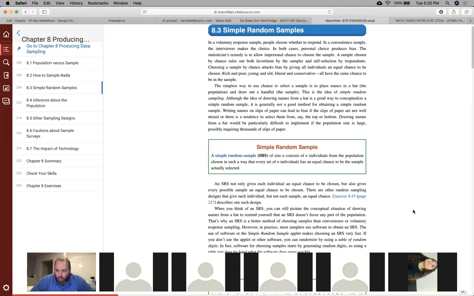A simple random sample is one for which any possible sample is as equally likely as any other one. So if I'm picking 5 people out of my class of 50, every possible group of 5 people is as equally likely as any other group of 5 people.